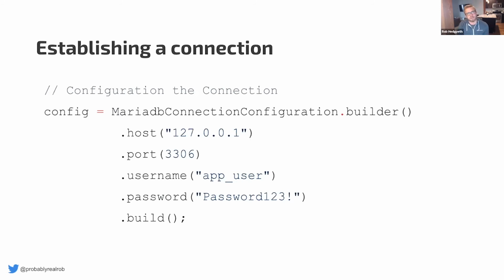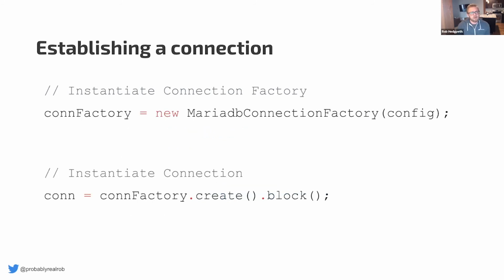But know that ultimately it turns into the same information underneath the hood. From there, you're able to use the configuration, or you can use a URL like we mentioned before, but essentially you can use that information to be able to create the connection factory.